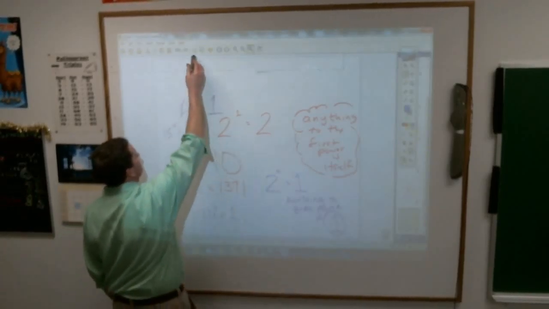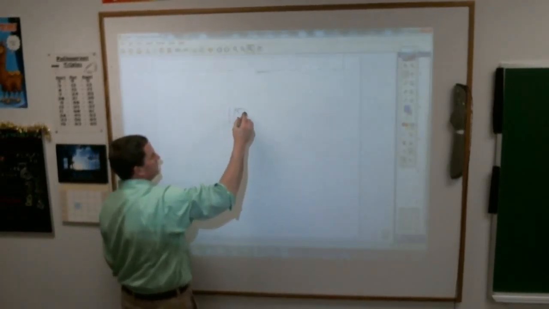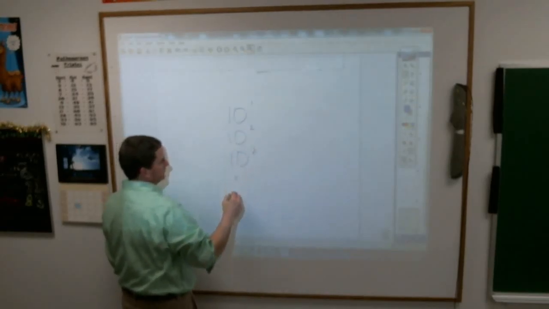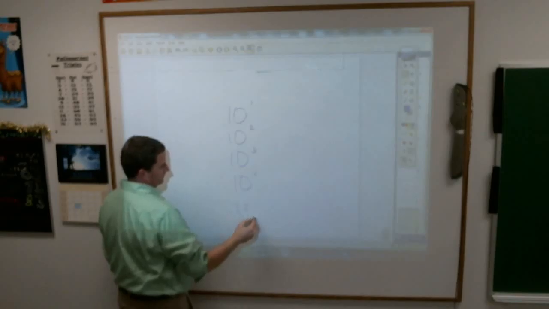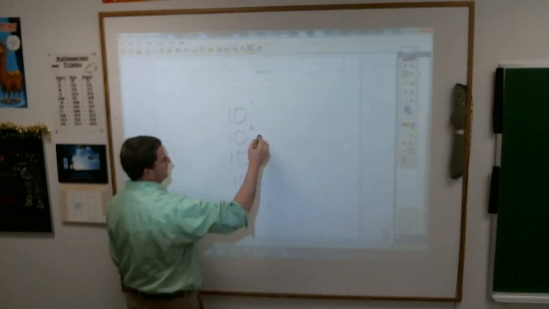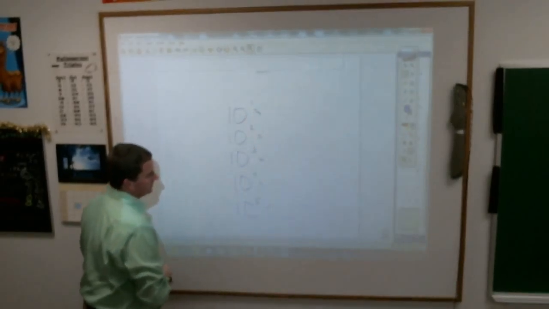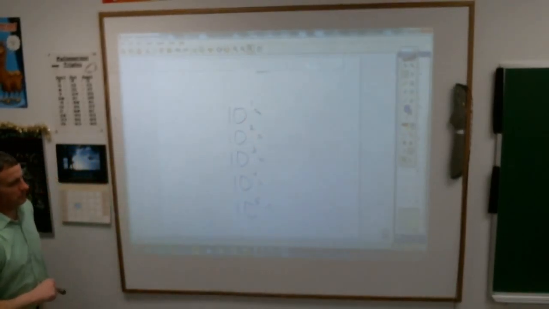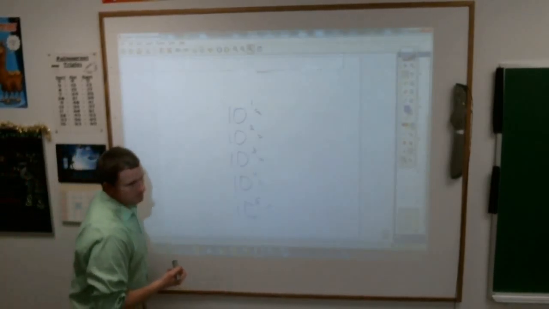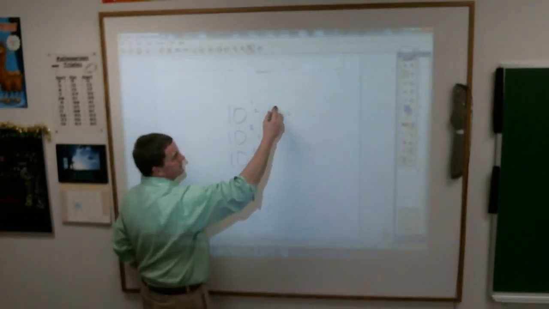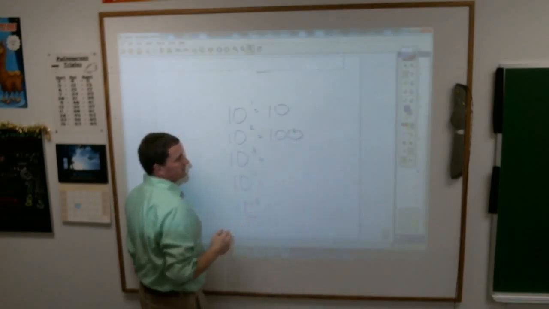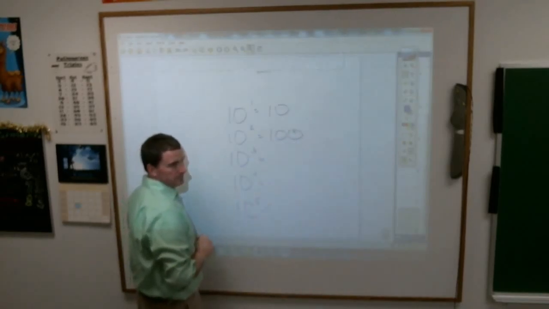I suppose we probably should talk about this, just to make life easy. 10s are kind of special numbers, because we do that a little bit when we do scientific notation and things like that. 10 to the first power we already talked about would be what? 10. To the second power, 10 times 10 is 100, correct? To the third power? 1,000.